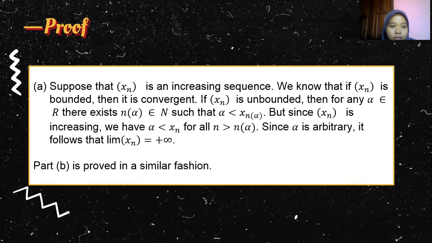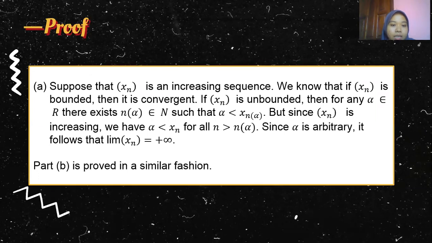For the proof of the theorem, point A: suppose that (xn) is an increasing sequence. We know that if (xn) is bounded, then it is convergent. If (xn) is unbounded, then for any alpha in the real numbers, there exists n alpha in the natural numbers such that alpha is less than x(n alpha).